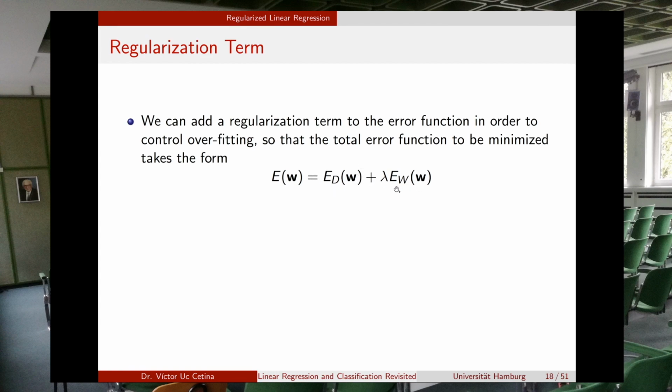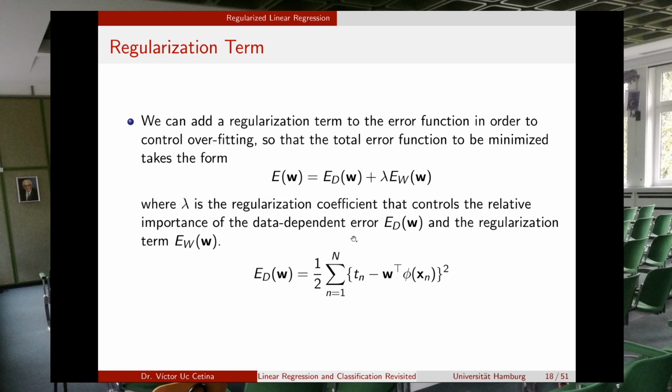Now we need to add this term, which will be the error that is caused by the parameters. And here we have a lambda constant. This will allow us to play a trade-off between the error caused by the data points and the error caused by the parameters. So if you make lambda to be 0, of course you delete the second term and you care only about the data. And if you increase lambda, then you give more importance to the error caused by the parameters.